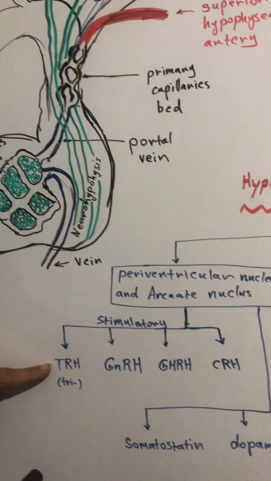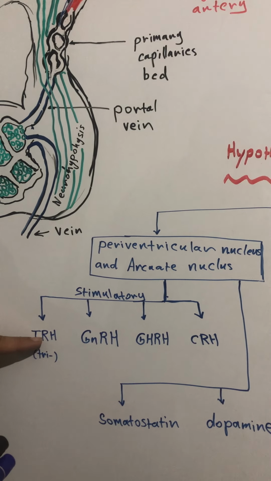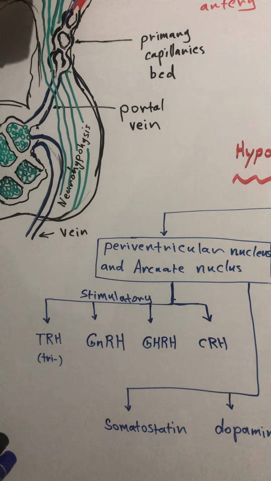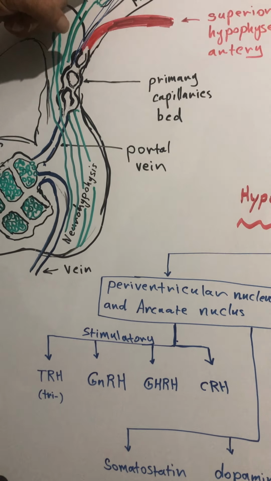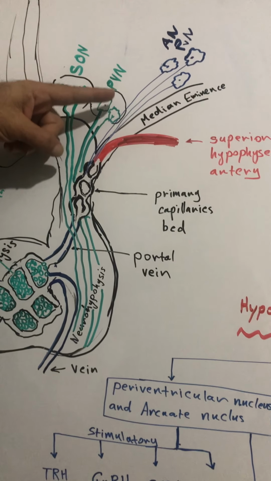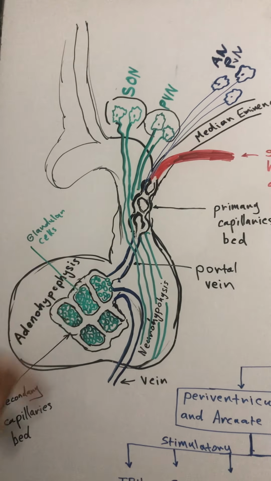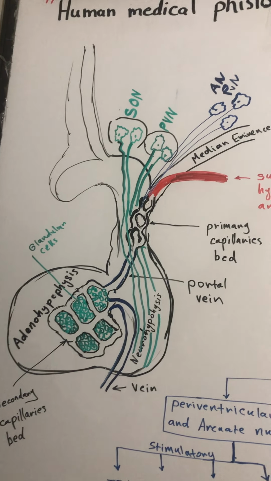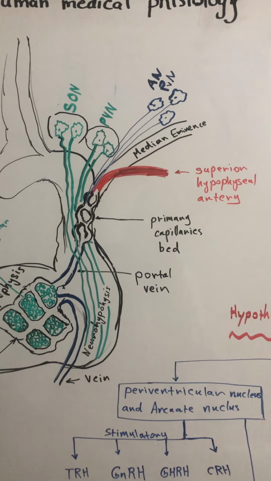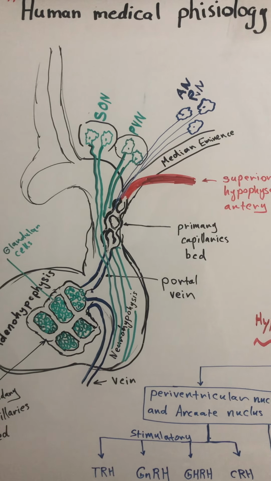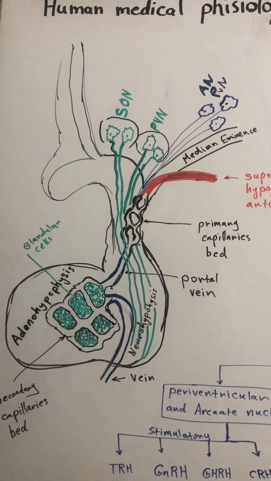TRH is an abbreviation of thyrotropin releasing hormone. It is released by the hormone secretory neurons in the hypothalamus and affect special glandular cells in the hypophysis, which are called thyrotrophs, that will release the TSH.